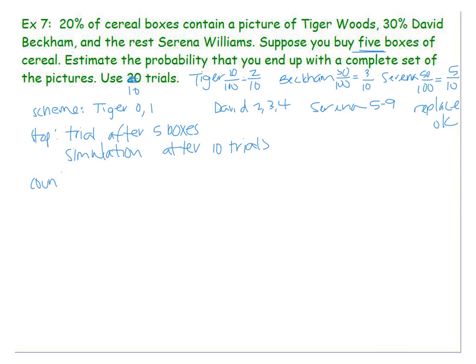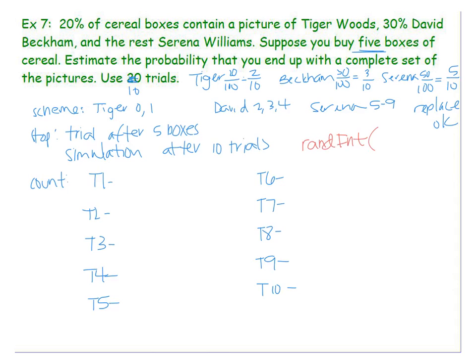All right, so let's look at our count. So trial 1, 2, 3, 4, 5, 6, 7, 8, 9, and 10. Okay, so what are we going to type in the calculator? So we're doing random integer.